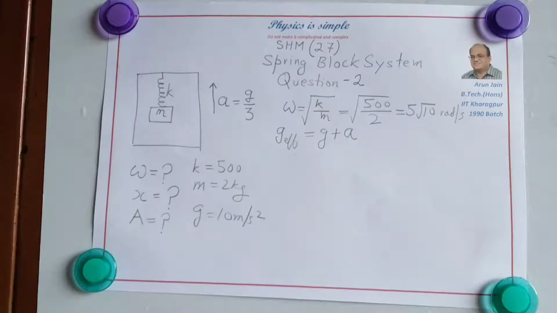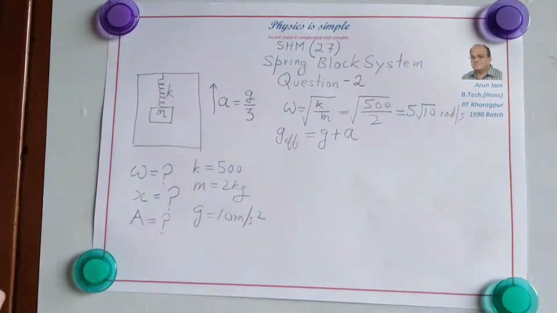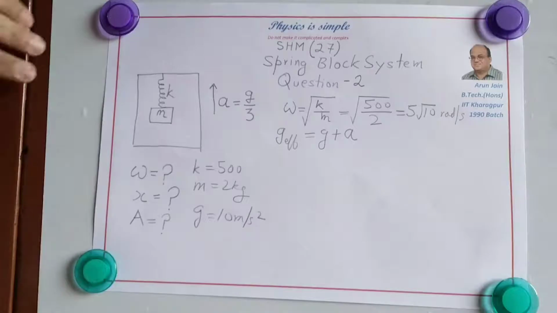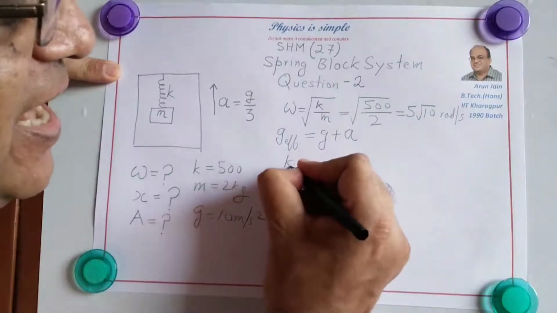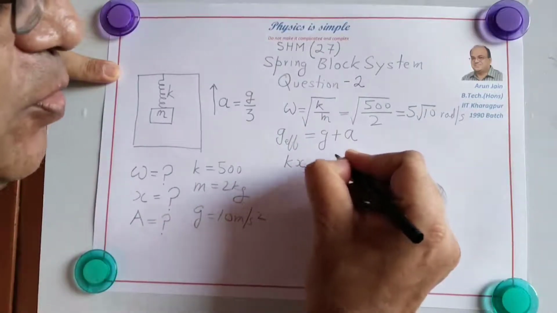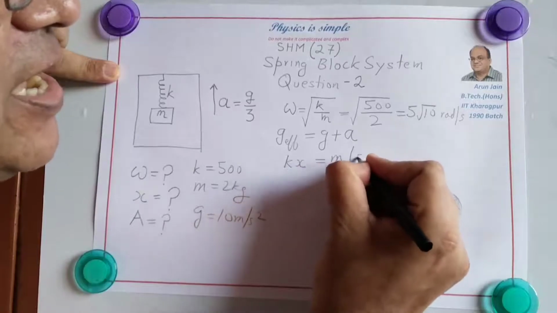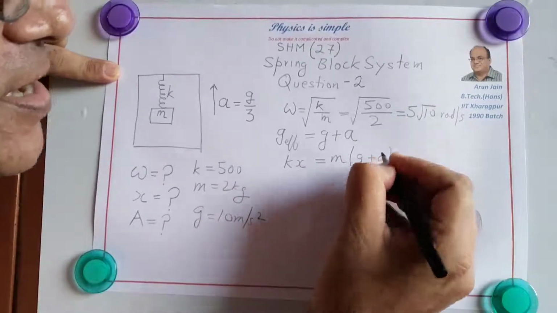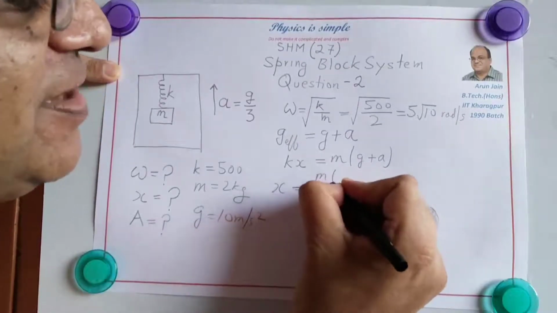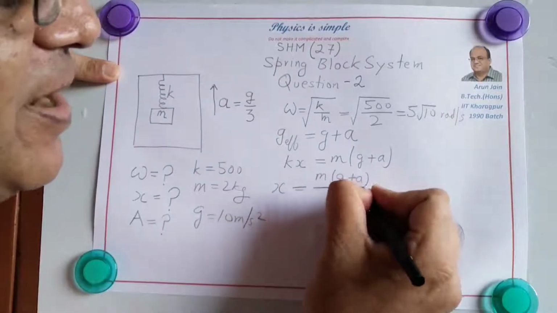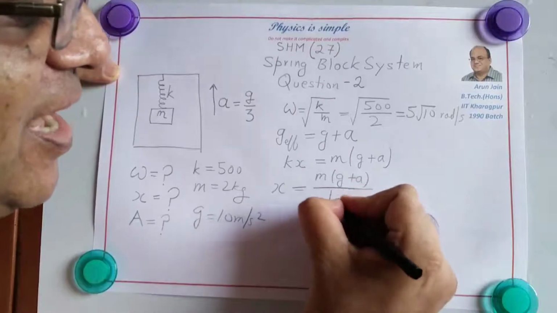The spring force will be balancing the apparent weight of the block, because now the block is at rest with respect to the lift. So therefore the spring force kx will be equal to the apparent weight m(g plus a). Therefore x is m(g plus a) divided by k.